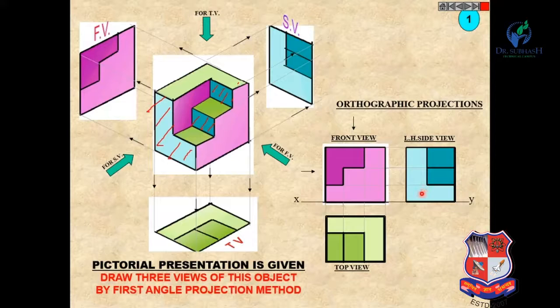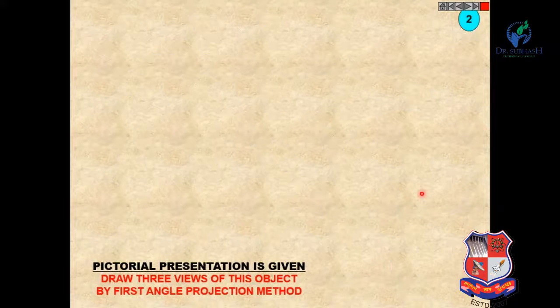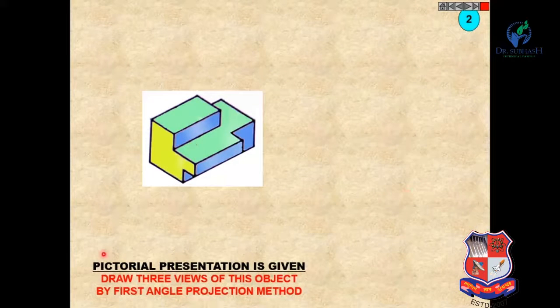Now let us see one more example. A pictorial presentation is given. Draw the three views of this object by first angle projection method.